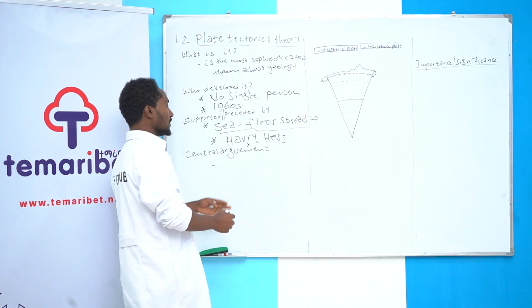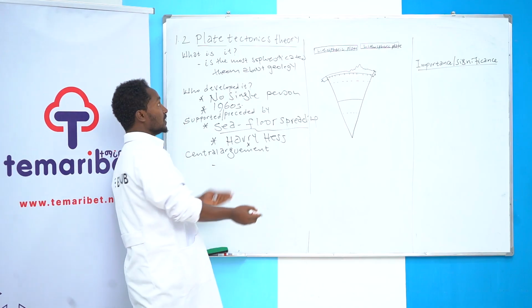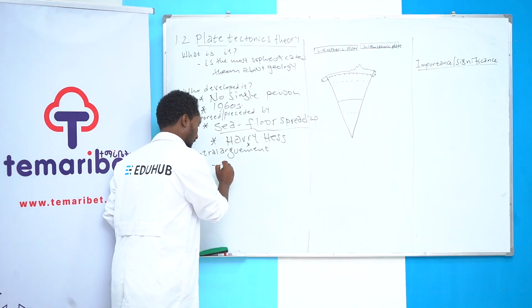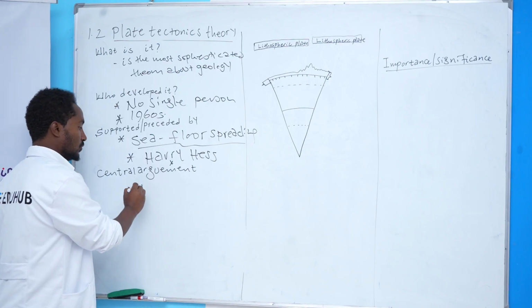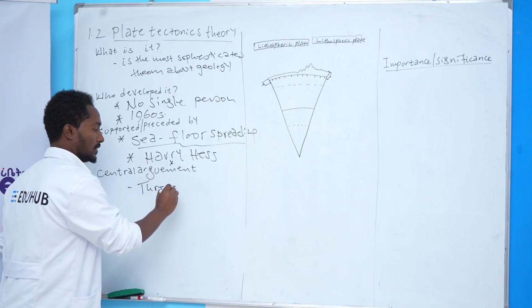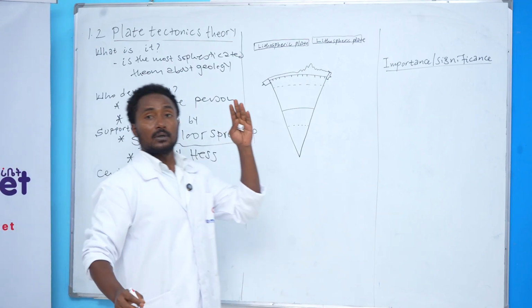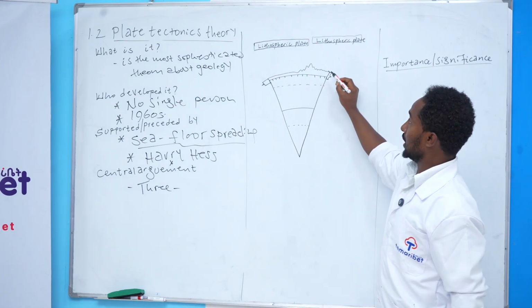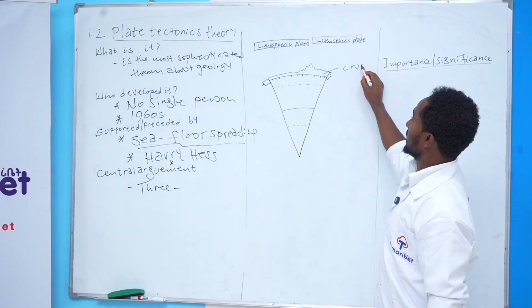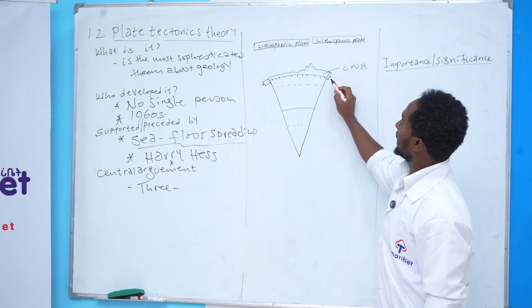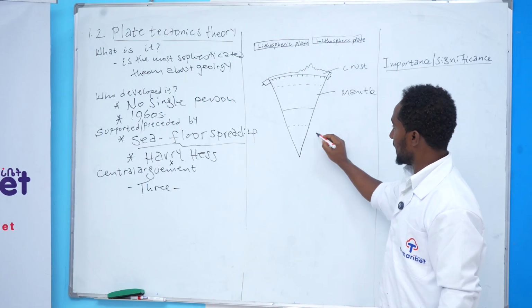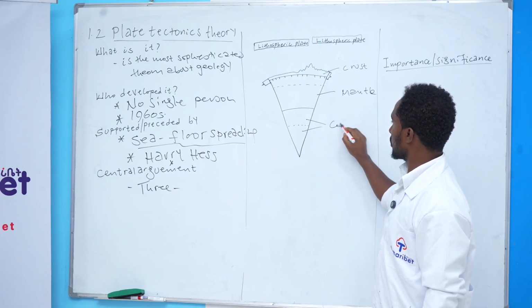So what are the arguments? According to plate tectonics theory, the Earth is divided into three layers. Obviously, these three layers are known as the crust, then the mantle, then the core.